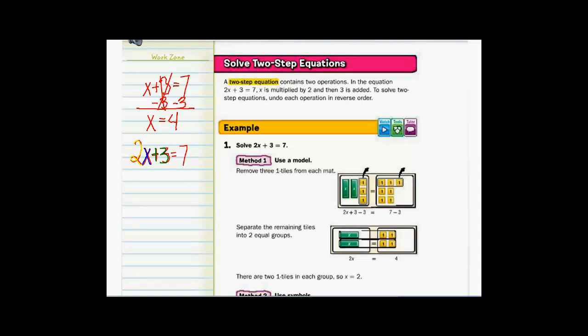In order to get this by itself, you have to undo things in reverse order. Well, that doesn't even make sense. Why do you have to do them backwards? Well, this is why. Let's say on your stick person, you're going to put on a shirt.